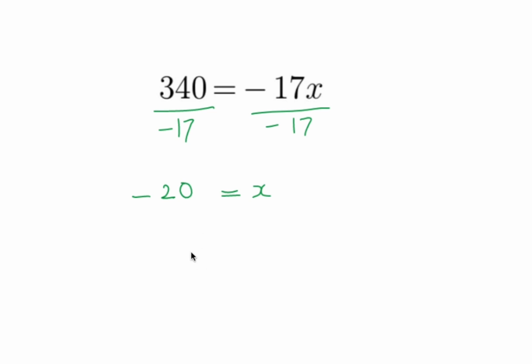So what is the x value? Minus 20. And you can check: minus 17 times minus 20, the answer is positive. 17 times 0, 17 times 2 is 34, so we got 340. So yes, this is correct, and this is the correct answer.